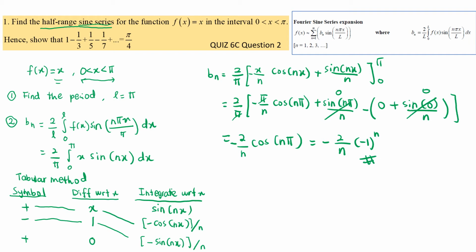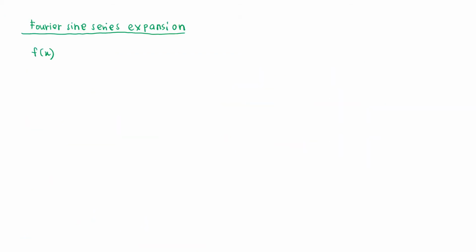Okay, then we have solved bn. Now we can substitute into the function f(x). To get f(x), we want to find the Fourier sine series expansion. So f(x) equals the summation of bn sine n pi x over pi, so we get sine of nx, where n starts from 1 up to infinity.